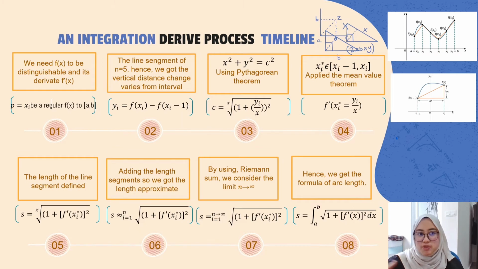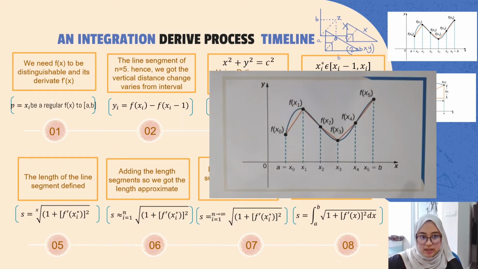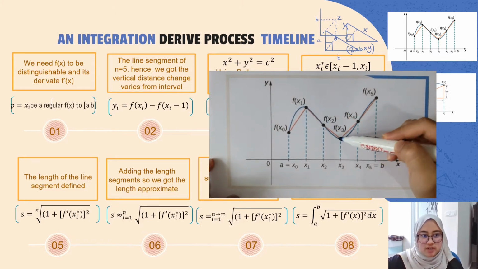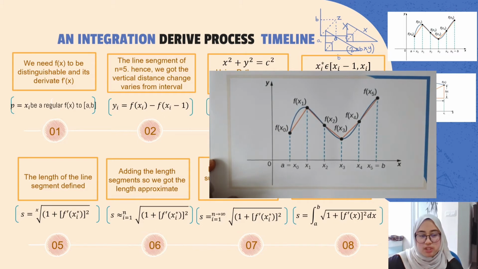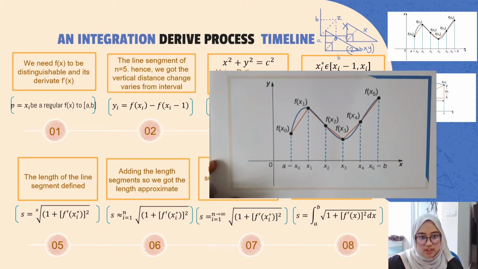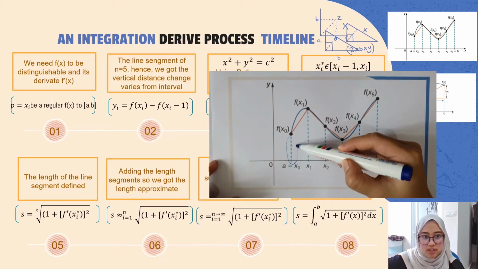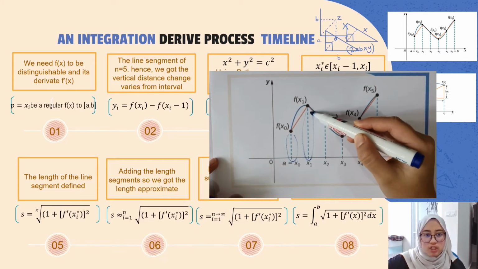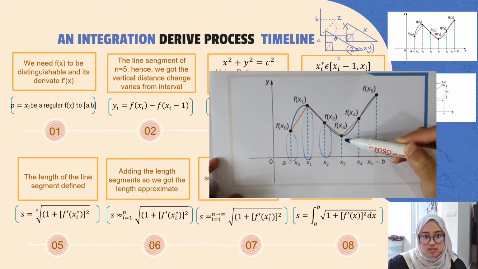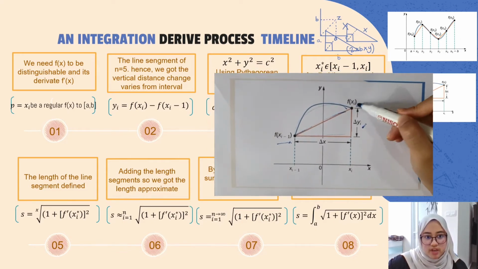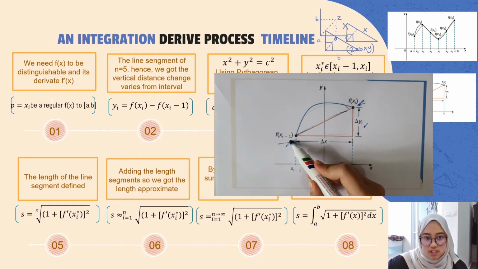So now I'm going to show you how the formula of arc length is derived by using integration. First of all, we need to find a smooth function f(x) in order for it to be differentiable. Next, we make a line segment in order to get a formula for vertical distance over an interval. So we will get the formula Δy_i equal to f(x_i) minus f(x_{i-1}).